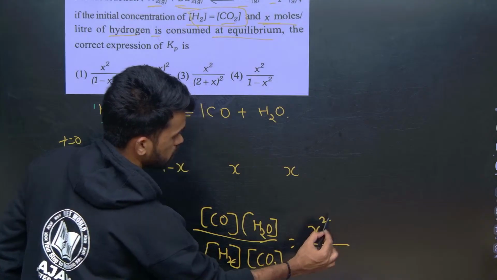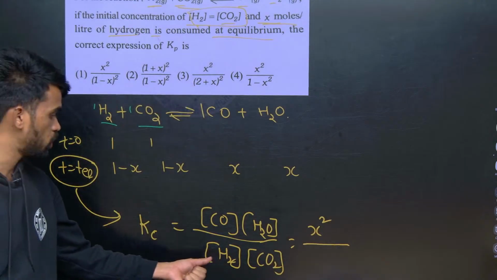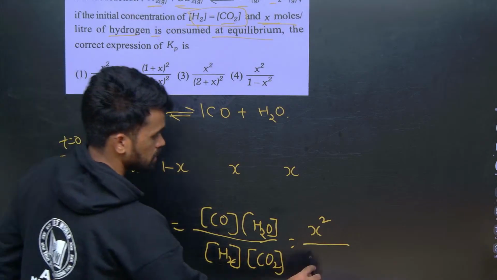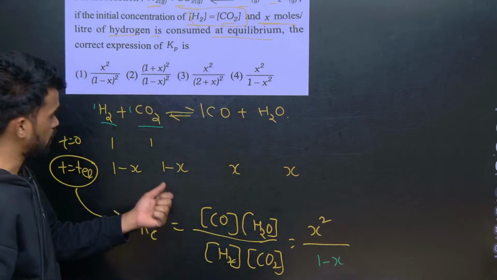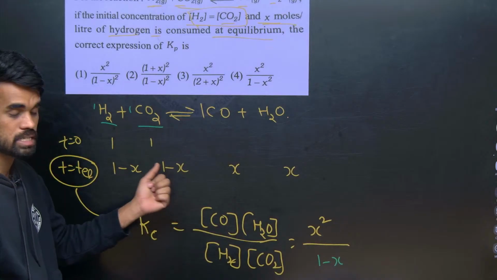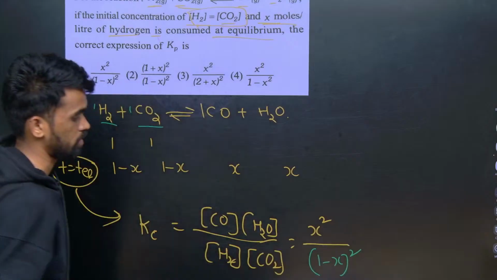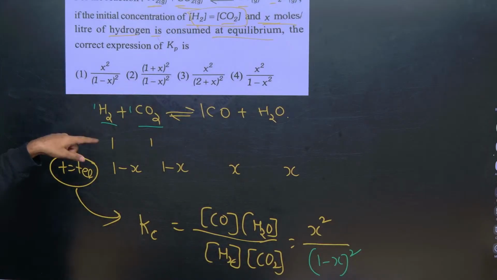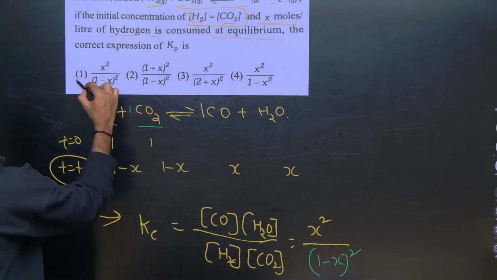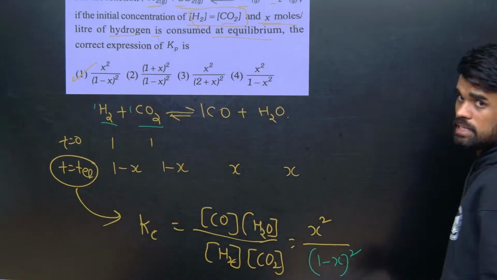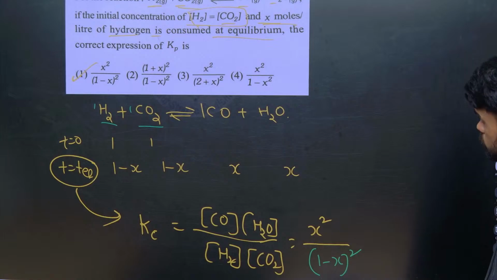Next, in the denominator, the concentration of H2 at equilibrium is 1 minus x, and for CO2 also 1 minus x. 1 minus x into 1 minus x is 1 minus x whole square. So which option do we have like that? We have the first option, so we can go with the first option. I hope it is clear, there is no confusion, right?